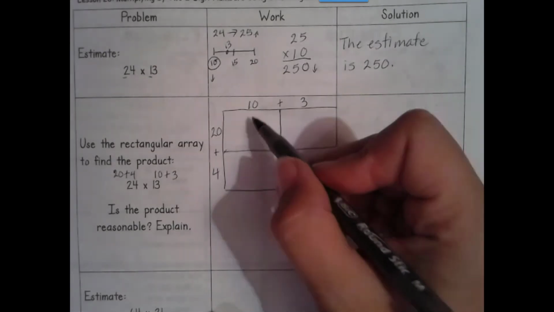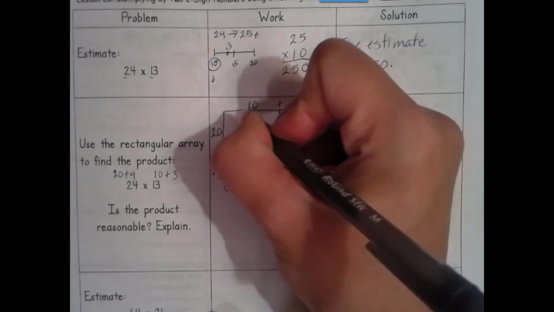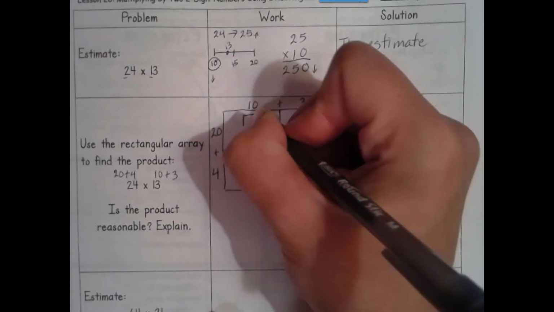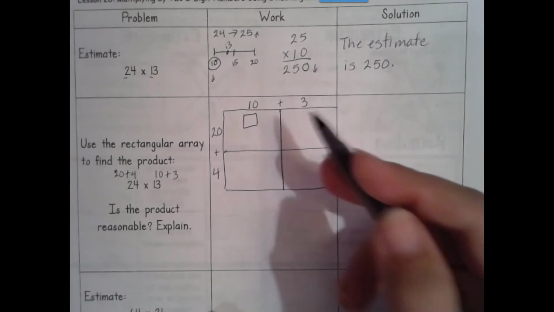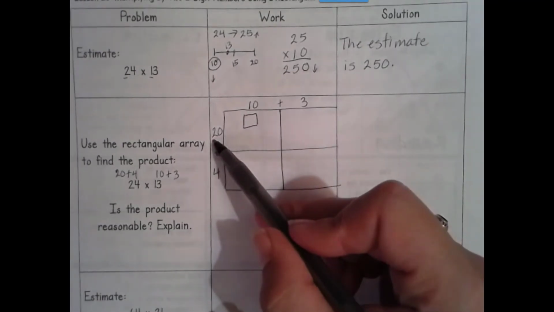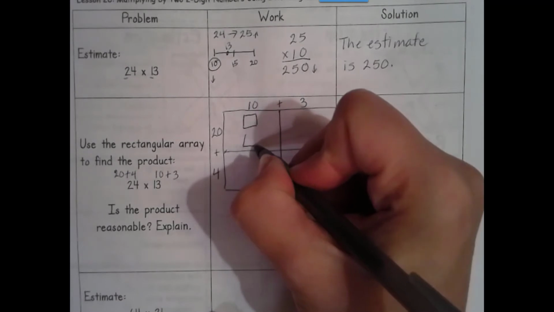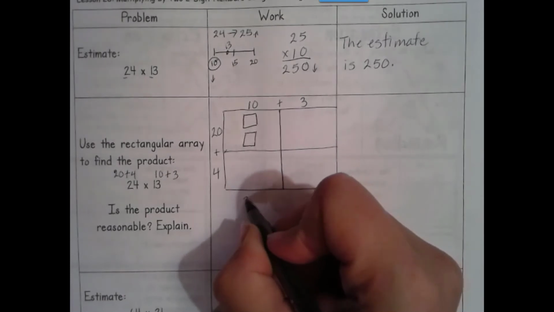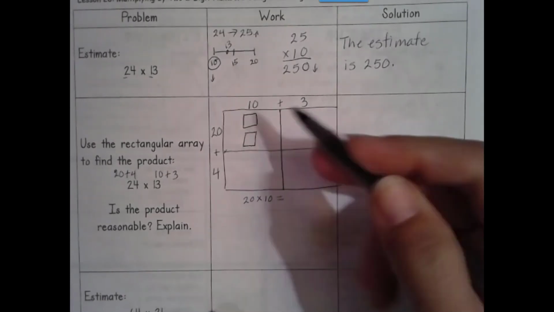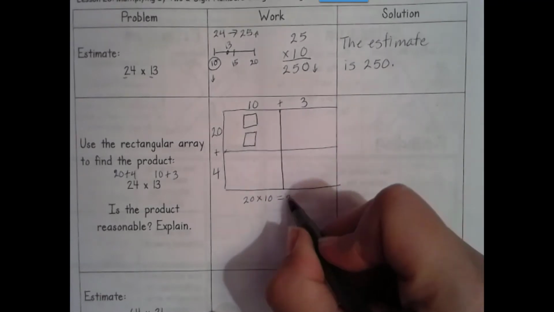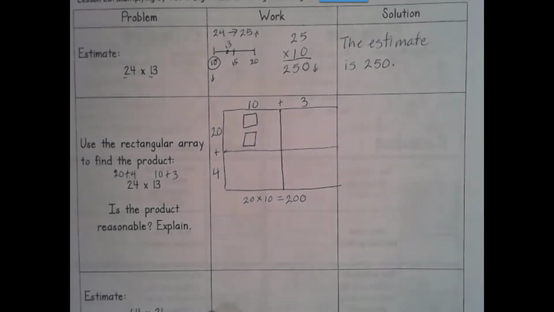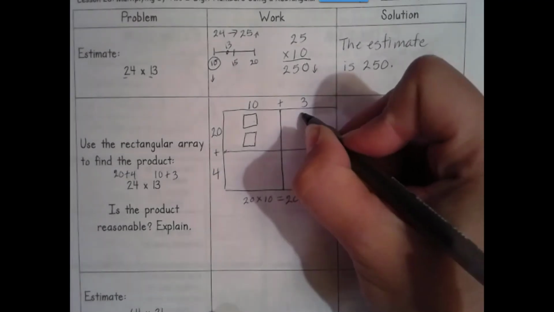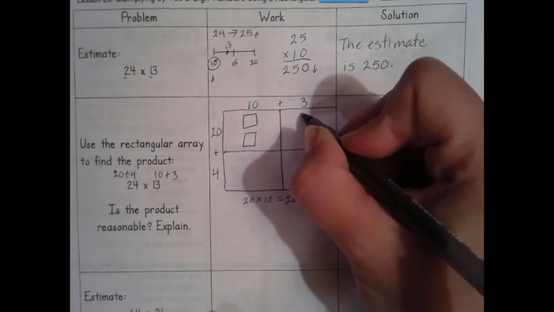Well, here 10 times 20 is going to give us at least 100, because 10 times 10 is 100. But I need 2 of them. Twenty times 10 is 200. Next, I have 20.